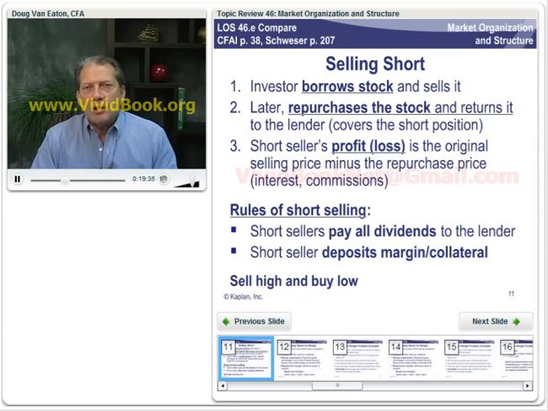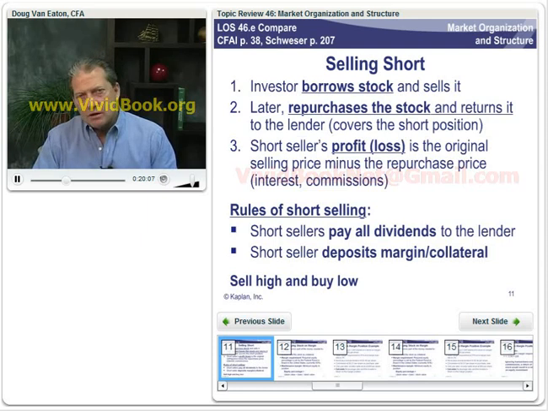The short seller also deposits margin, deposits some collateral for the trade. So if I call my broker and say, yeah, I want to borrow 1,000 shares of Microsoft and I want to sell it short, and they say, okay, that's fine. Well, I don't get the proceeds from the sale of the Microsoft. That stays in the account. And also, I have to make a margin deposit as assurance that if there are losses, they are covered.